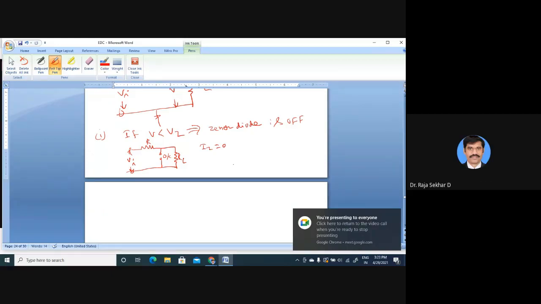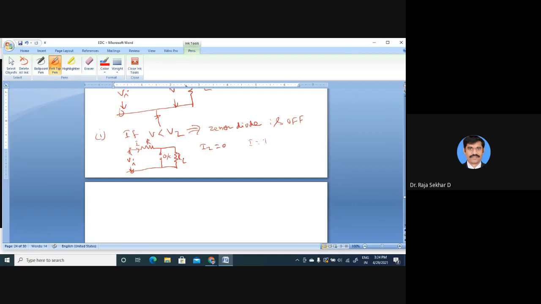So Iz is 0. When it is open circuit, the current through the diode is 0. Now this is the total current I. Actually, I is equal to Iz plus IL. Since Iz is equal to 0, I is equal to IL.